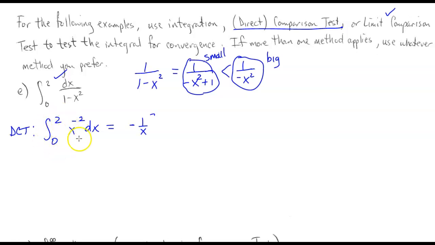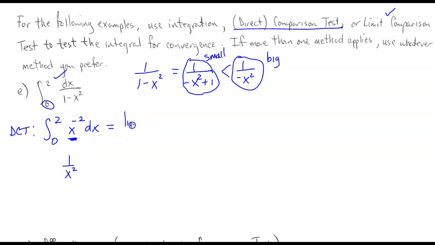But since this is an improper integral, we have to write some limit notation in front. Looking here, 0 is going to be the problem, because this is like 1 over x squared, and plugging in 0 would make the denominator of x raised to the negative 2 undefined.